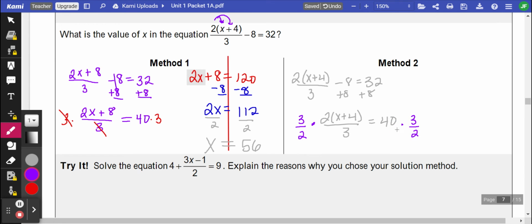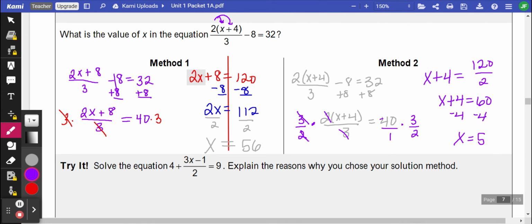Same thing over here, because we have to do the same on both sides. And then when we're multiplying fractions, we go straight across. So 3's cancel, 2's cancel. We have x plus 4 equals, and then 40 times 3 is 120. 1 times 2 is 2. So if I reduce that, 120 divided by 2 is 60, and then I can subtract 4. So we get x equals 56.